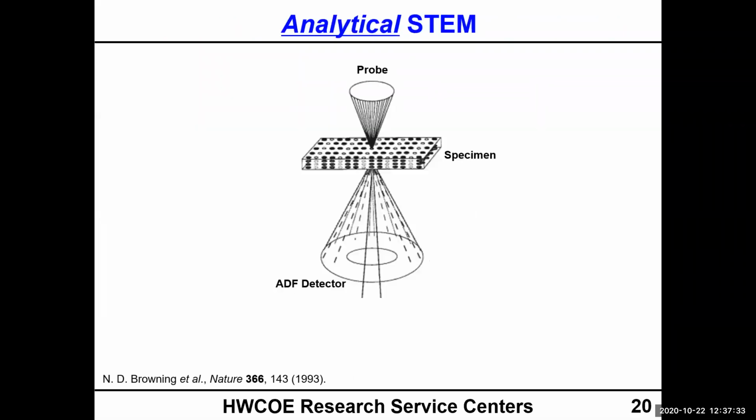All right, switching regimes a little bit to what's called analytical STEM. If I take my probe and hit my specimen, I have a STEM detector. I can actually use this to gain chemical information about my specimen, and that's called analytical electron microscopy. There are two flavors of this.